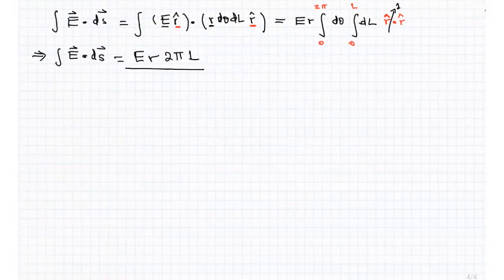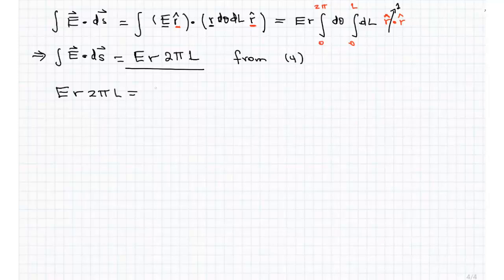So we have E r 2 pi L equal to the summation of charges divided by epsilon 0, the electrical permittivity of the vacuum, where the summation of charges is equal to the total charge.